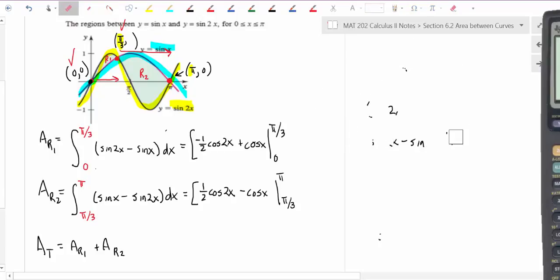Now what I'm going to do is evaluate these two definite integrals, and just do this at the side. So let's work with the area of region 1. Let's go ahead and evaluate this integral.